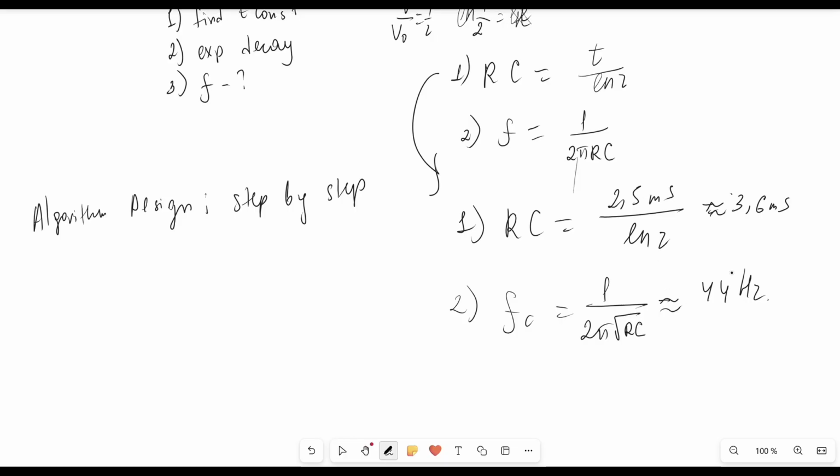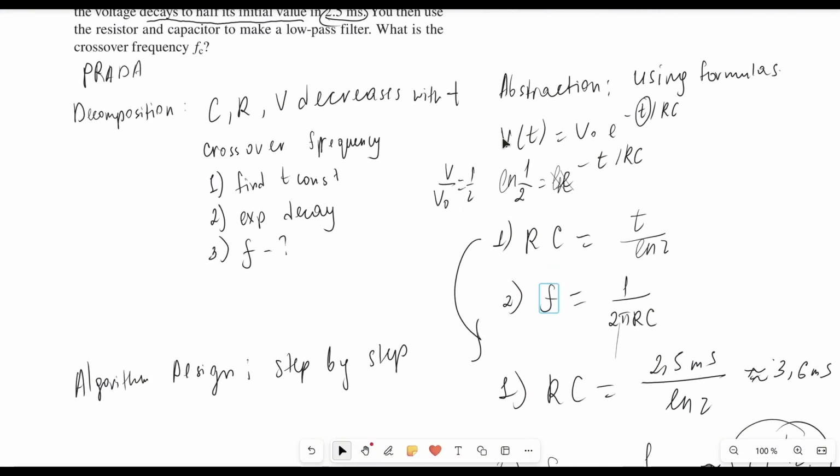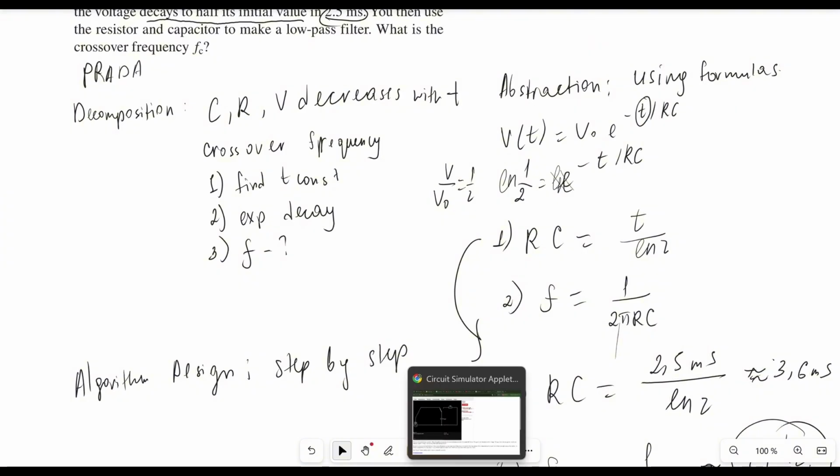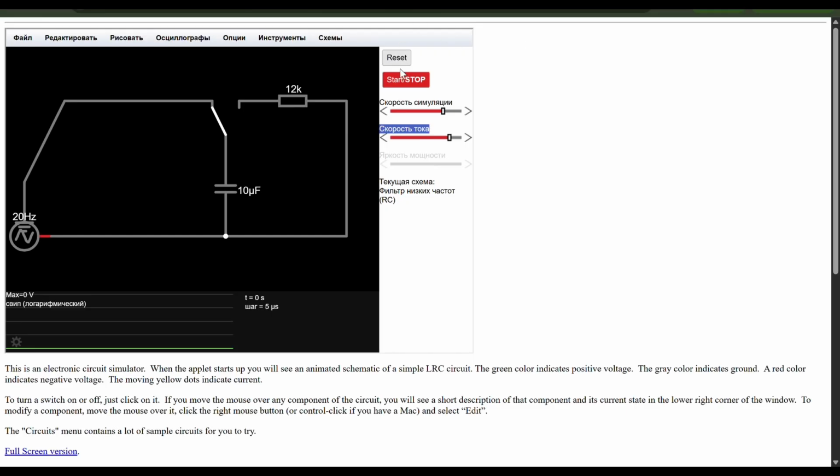So we found our frequency, but it's not the end of our problem, because we need to understand what is actually happening. For understanding, I can show you this in a faster simulation.